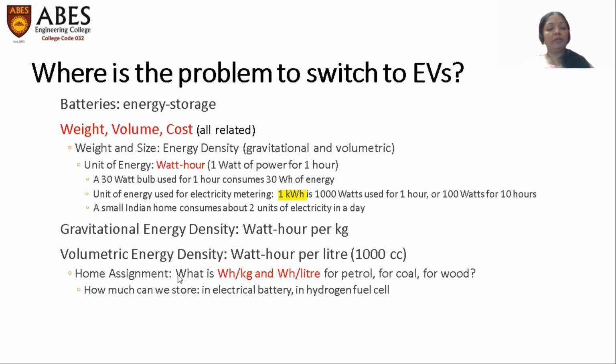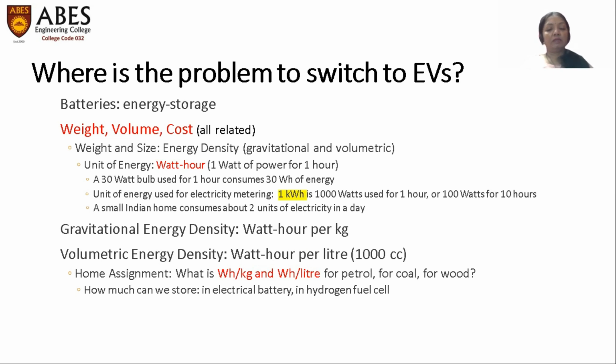Similarly, the volumetric energy density gives you the value in watt hours per liter, specifically for liquid fuels. In the internal combustion engine, we are majorly using fuels like diesel and petrol, which are liquid fuels. So there the volumetric energy density is more important.